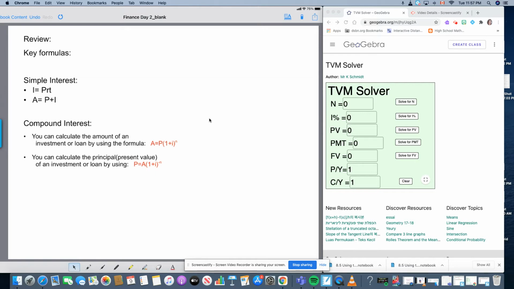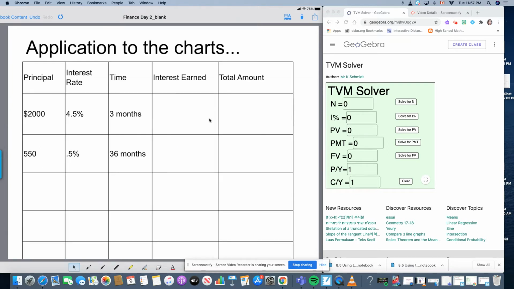Okay, some of you guys were having problems with these charts, so I'm just going to go into it briefly so that you have some idea about how to do this. I'm not going to do all of them, but I'll do the first couple. This should just be a pretty simple formula.